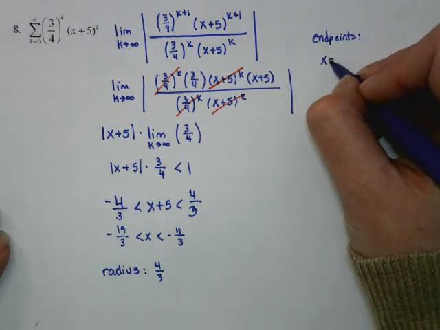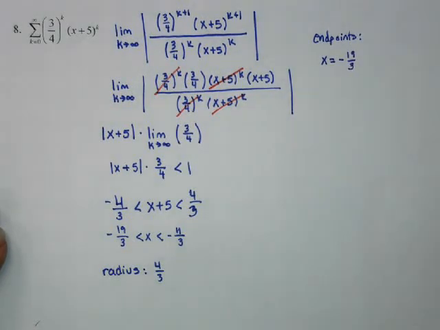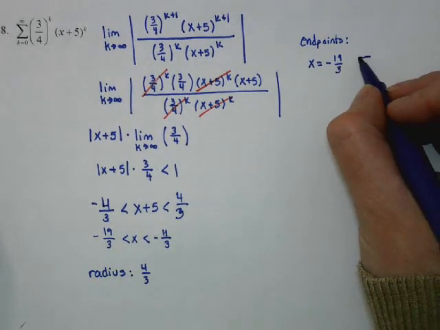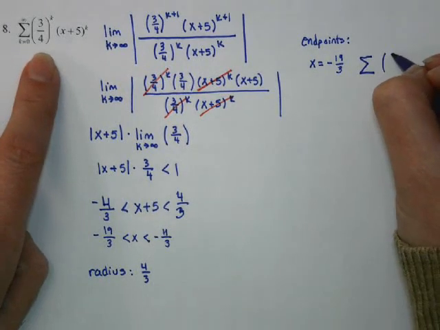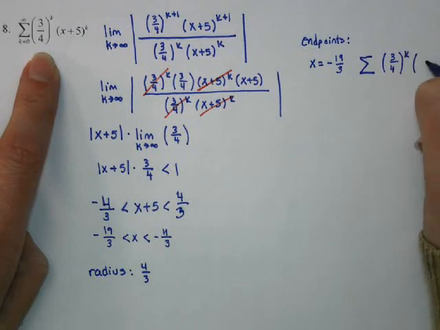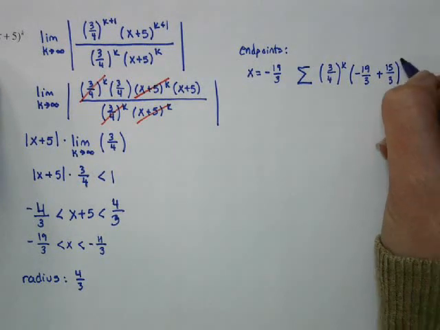Okay, I'm going to let x equal −19/3. So my series, we're going to have (3/4)^k. x is −19/3 plus 5, so I'm going to make that 15/3, to the k.